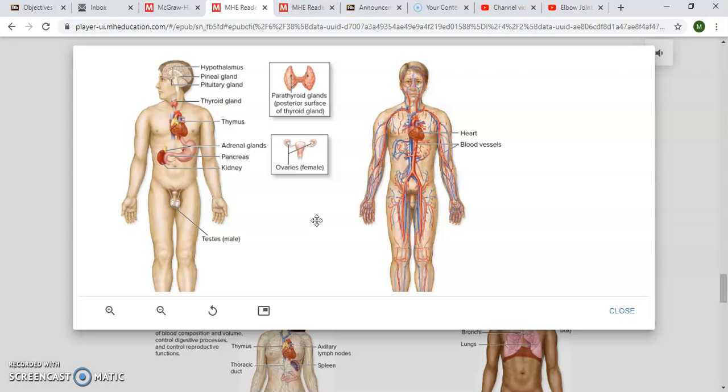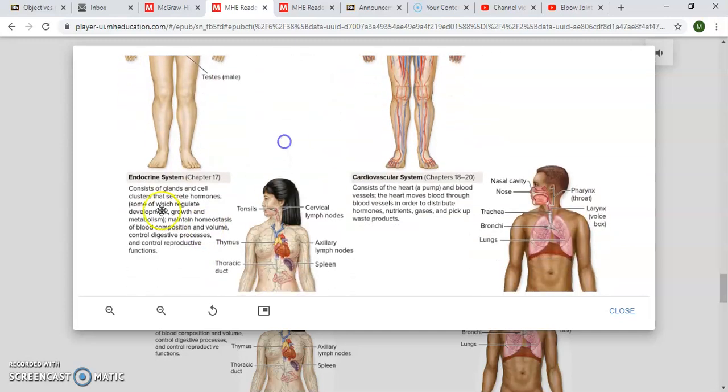So they work similar to the nervous system as far as regulating things, but they do it a different way. They do it through hormones rather than through nerve impulses. So, the endocrine system: glands, clusters of cells that secrete hormones, and they maintain homeostasis.